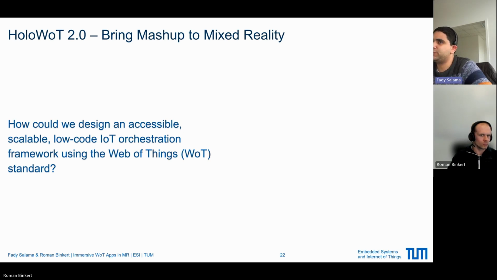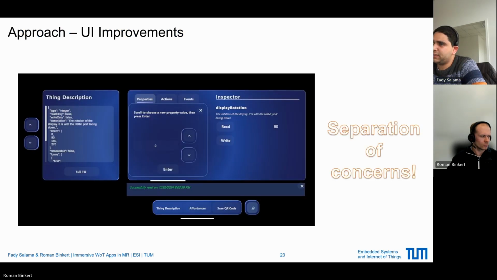So basically, we want to build a certain mashup, certain orchestrated stepwise action that you can basically use to perform a certain functionality. So to do this, we needed to also improve the actual UI.